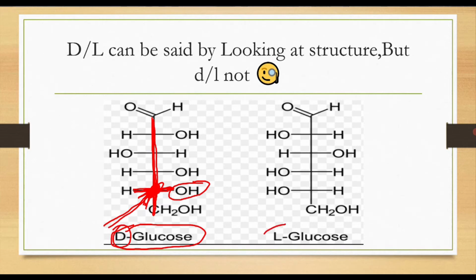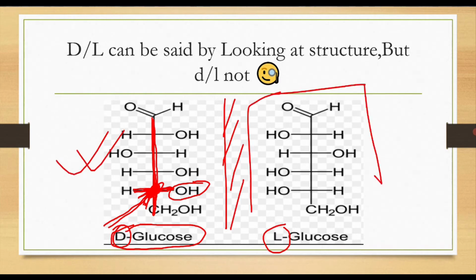And capital D and capital L will be mirror images of each other. If we take the mirror image of this compound, we get this, and in this compound, for the last asymmetric carbon, between the horizontal two groups H and OH, OH has the higher priority, so it is on the left side, so capital L. So by observing the structure, we conclude whether it is capital D or capital L. But for saying small d, small l, we have to perform an experiment and pass plane polarized light through glucose, and observe whether it is rotating the plane polarized light in the right direction or clockwise, or left or anti-clockwise.